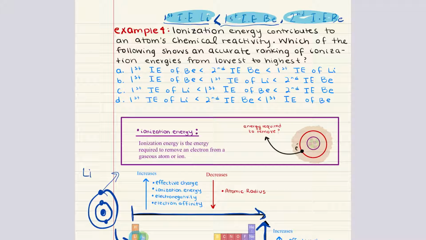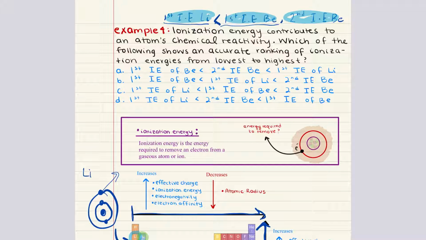Now, the second ionization energy is the energy that's required to remove a second electron after the first has been removed. This is typically much higher than the first ionization energy because removing an electron from a positively charged ion is more difficult due to the increased electrostatic attraction between the nucleus and the remaining electrons.